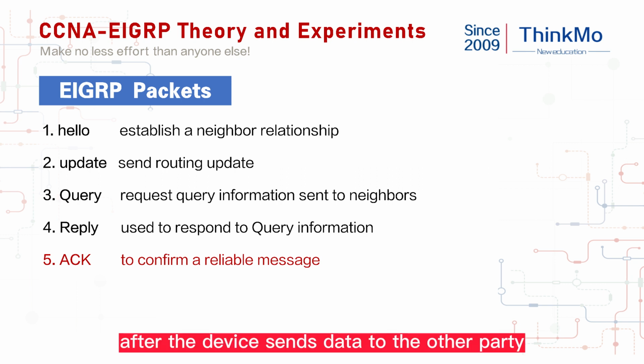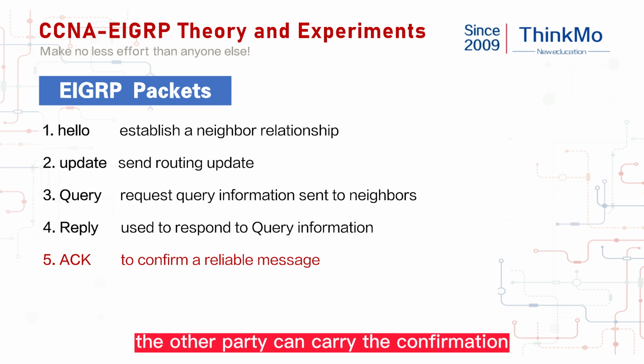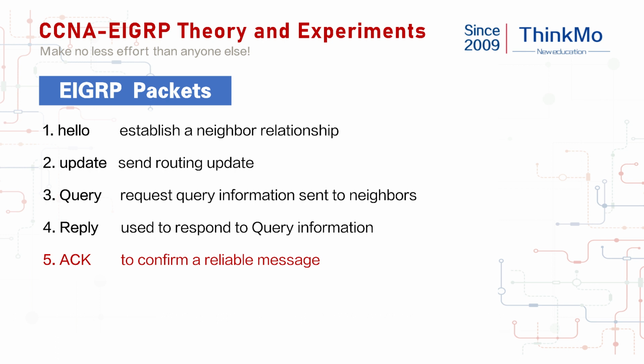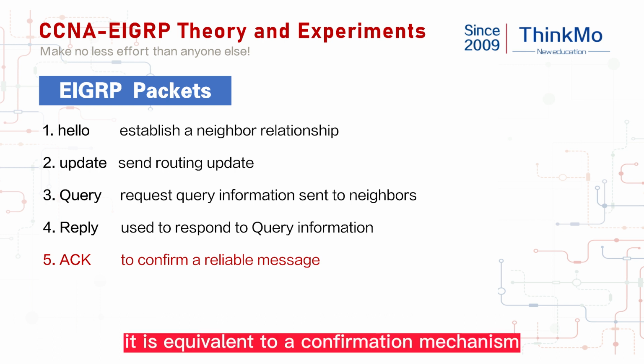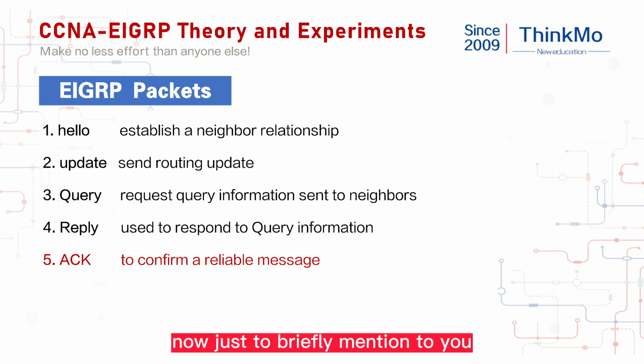After the device sends data to the other party, the other party can carry the confirmation in the message sent back to the device, which represents that the message between them has been transmitted. It is equivalent to a confirmation mechanism. When we analyze the messages later, we will discuss it; now I just briefly mention it to you.